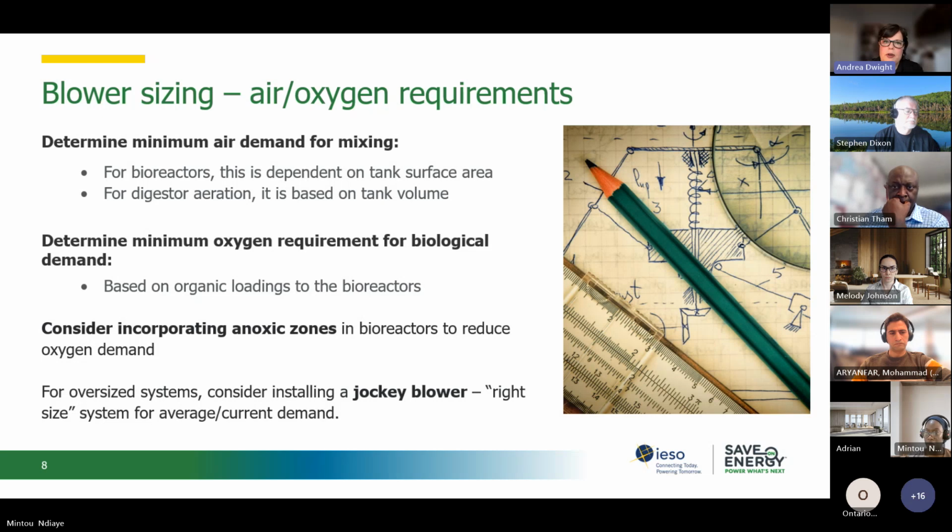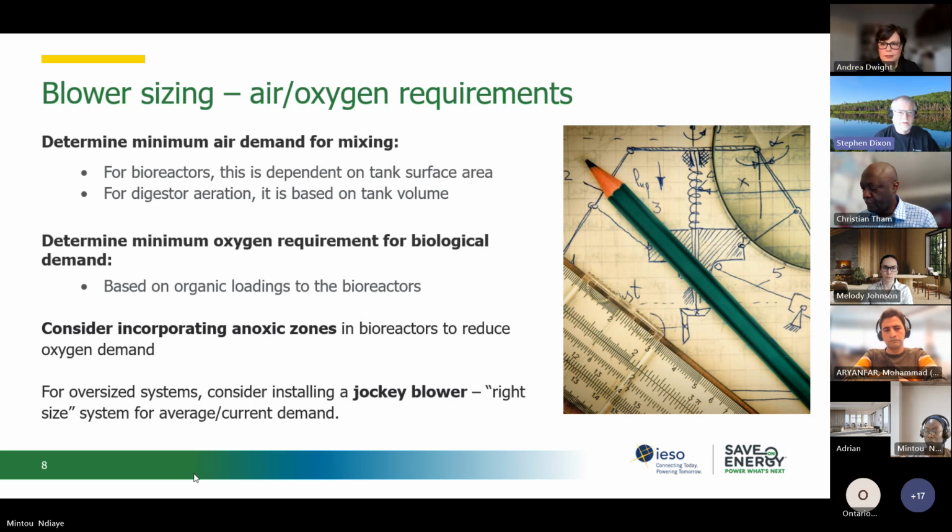Or perhaps if you're not ready to replace your blowers, think about installing a jockey blower, which is a smaller blower that can be added along with your existing blowers, that you can size so it's perfectly right sized in the sweet spot that you're operating today. And that may be a cost-effective way of saving energy and being able to operate effectively.